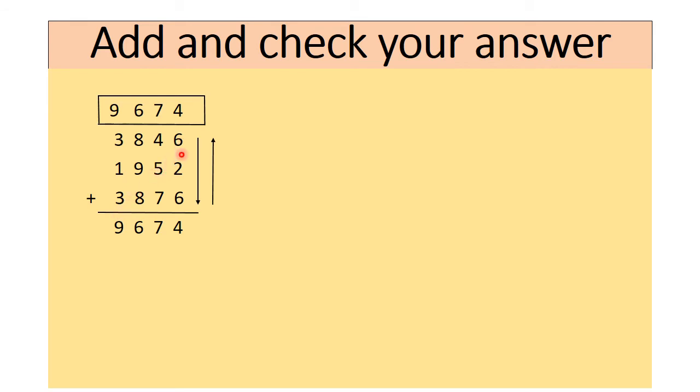We know that 6 plus 2 is 8, 8 plus 6 is 14, right? So I write 4 and carry over 1, which I am keeping in my mind. That 1 carry will be added to 4, so we have 5. Then 5 plus 5 is 10, plus 7 is 17. So I have written 7, and 1 is again carried over. That 1 carry will be added to 8, so now we have 9. 9 plus 9 is 18, and then 18 plus 8 is 26.